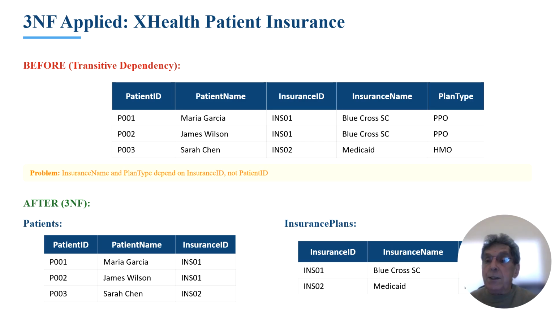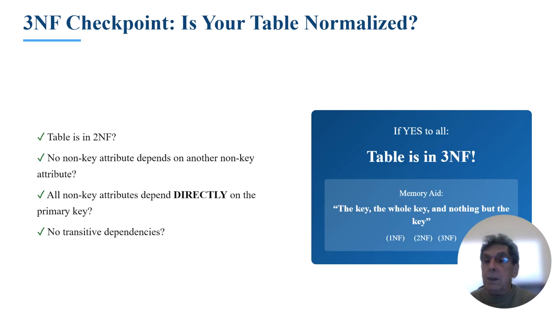Create an insurance plans table with insurance ID as the primary key. Move insurance name and plan type there. In the patients table, insurance ID becomes a foreign key. Now insurance information is stored once per plan, not once per patient. Much cleaner, much more maintainable.